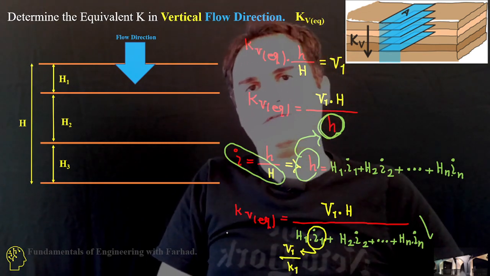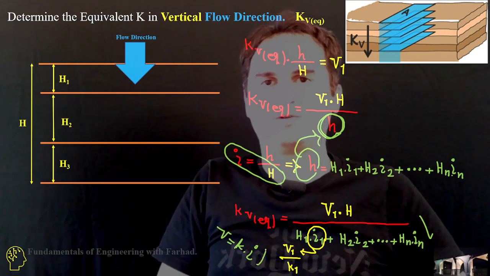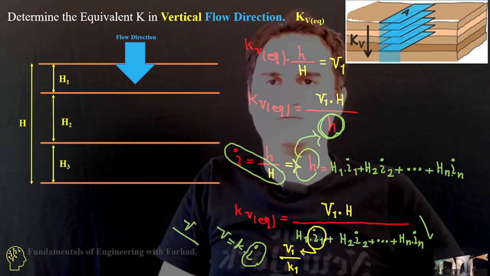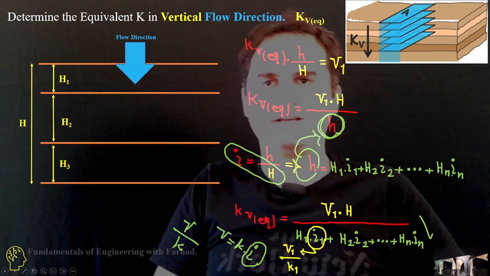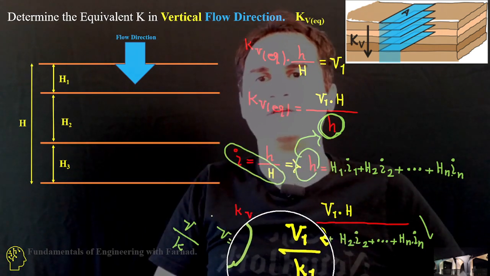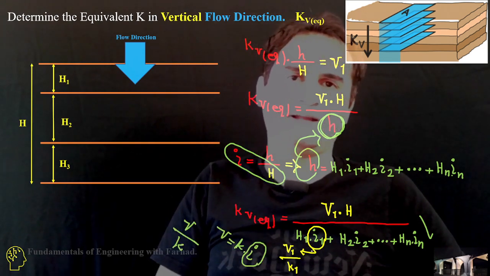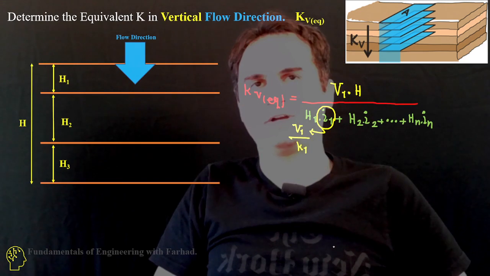At the same time, we know velocity v is equal to K times I. So if we want to calculate I, it's v over K for each layer. For example, I1 is equal to v over K1, so that's h1 times v over K1.